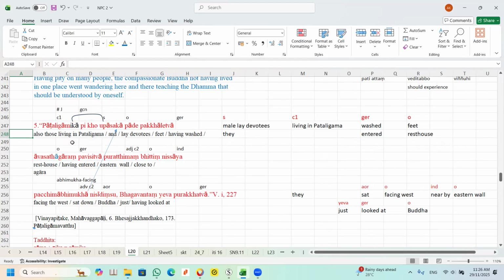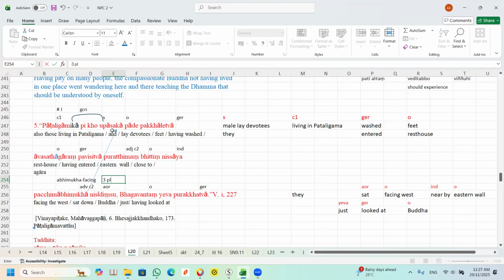All right. Then can you see the upasaka? How do you know this one is a plural or feminine noun? You look at this word. This is a third person plural noun. So when it's third person plural, that means this one has to be plural.